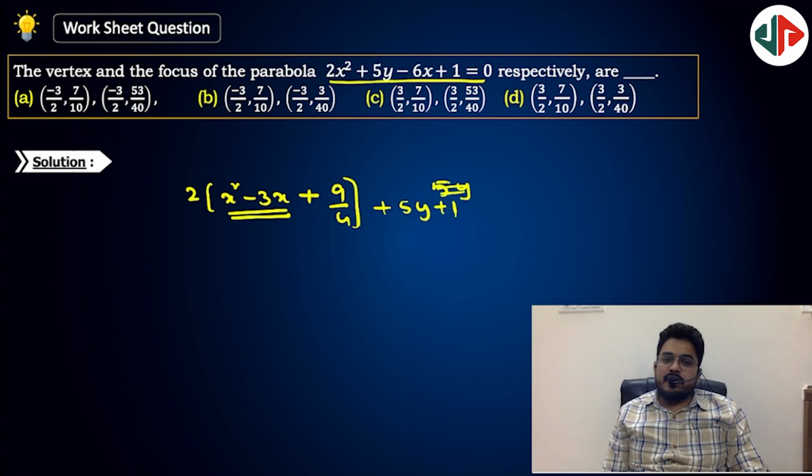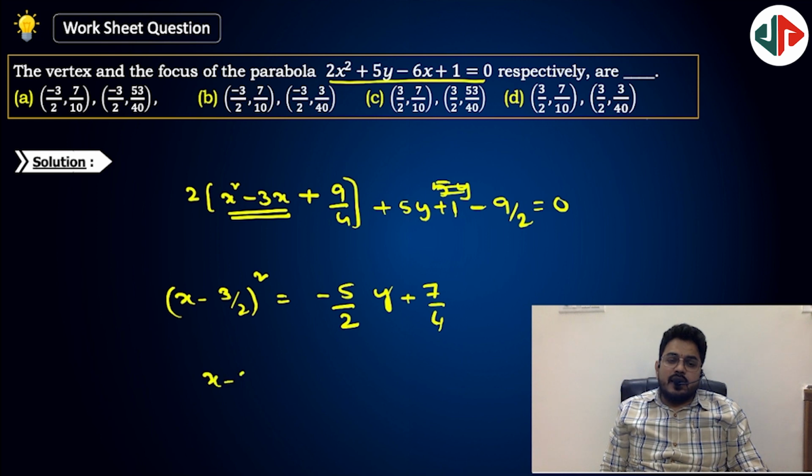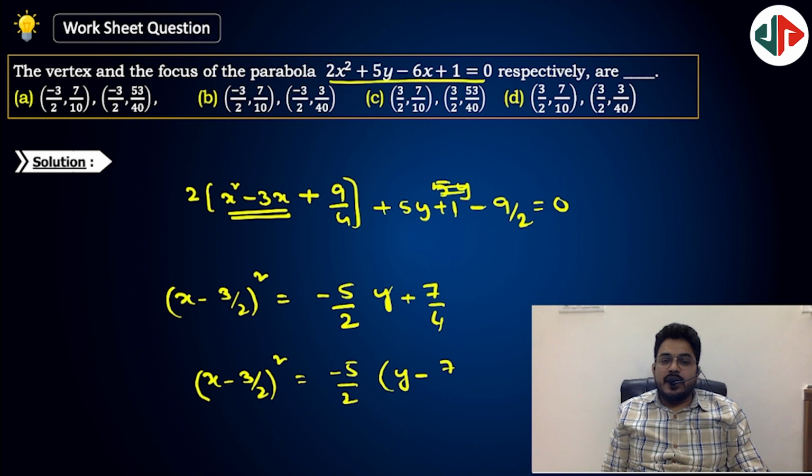Because I'm adding, I need to subtract 9 by 2 is equal to 0. This is x minus 3 by 2 whole square is equal to minus 5 by 2 y, and minus 7 by 2 goes that side plus 7 by 2. So the answer is x minus 3 by 2 whole square is equal to minus 5 by 2 common y minus 7 by 10.